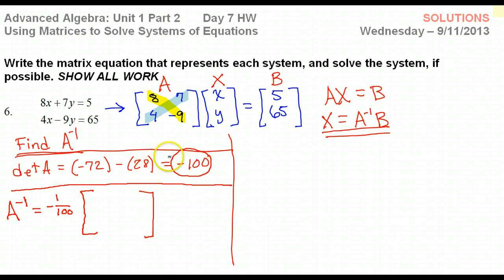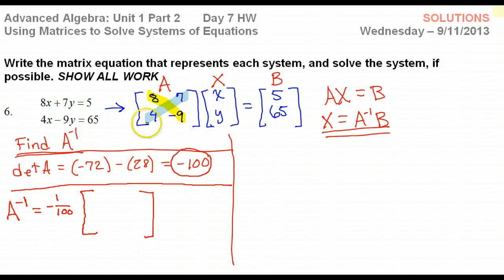If you've never watched me doing this before, you have no idea what I'm doing. But when you do the inverse matrix, in addition to doing the reciprocal of the determinant, inside of here we have to reverse the down diagonal and negate the up diagonal.